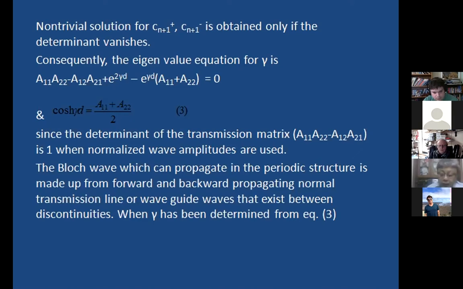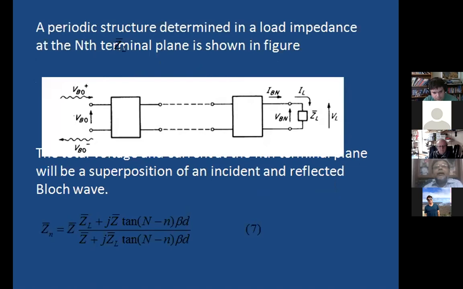Okay, so the periodic structure determining the load impedance at the nth terminal plane, because it is a periodic structure, so the nth terminal plane is shown by this figure where it is terminated. The superposition of incident and reflected Bloch wave, you have the corresponding impedance, the nth one. So using the transmission line model, you can calculate this and you can show.